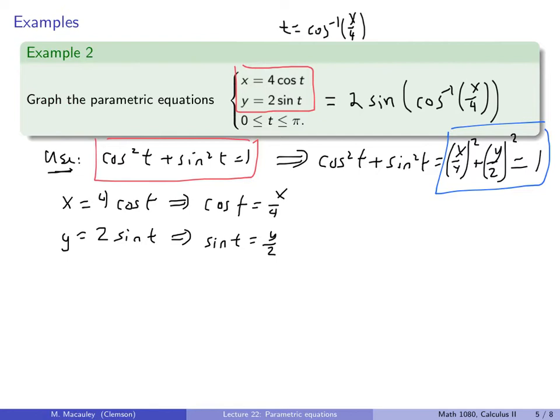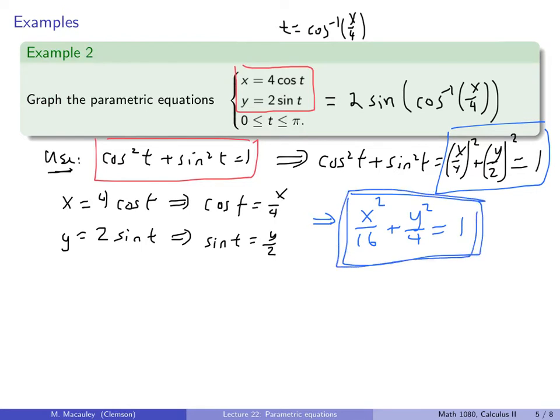I can simplify that here. So what is this? This is x squared over 16 plus y squared over 4 equals 1. This is the equation of an ellipse. So this is an ellipse.